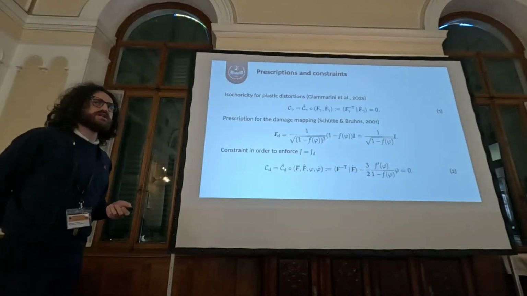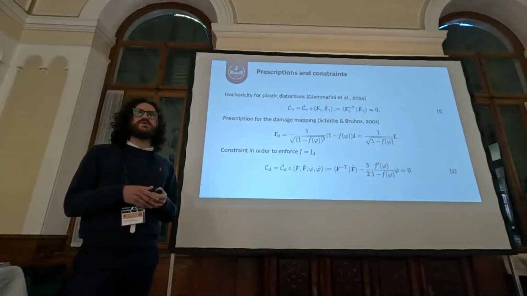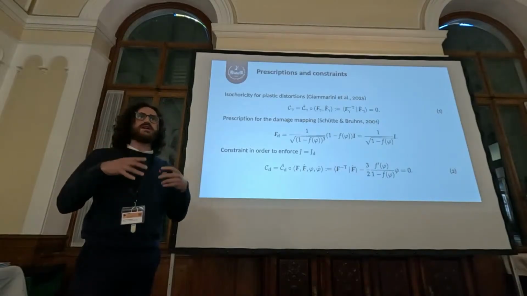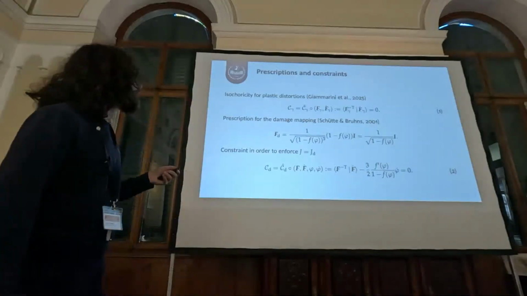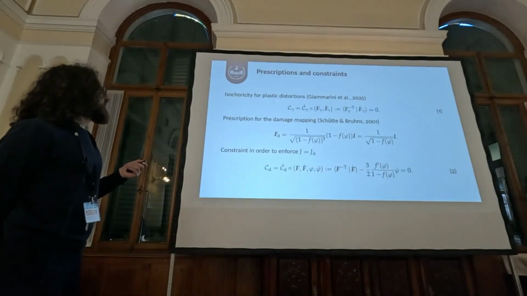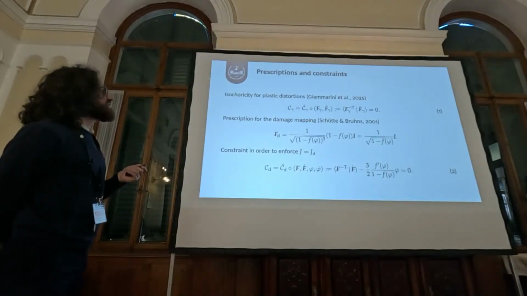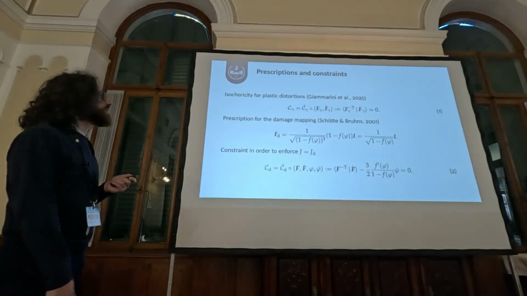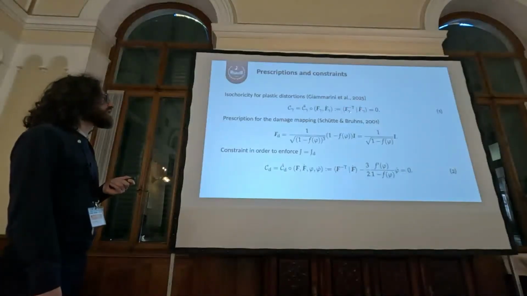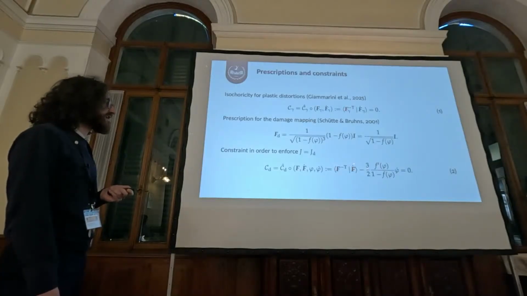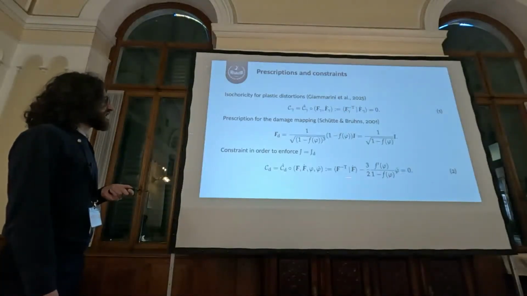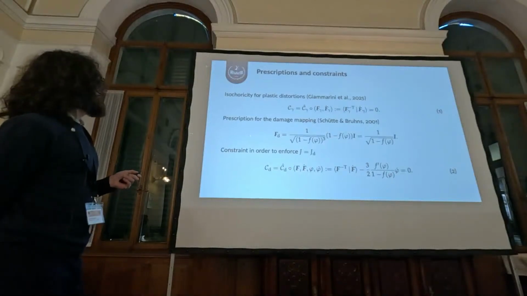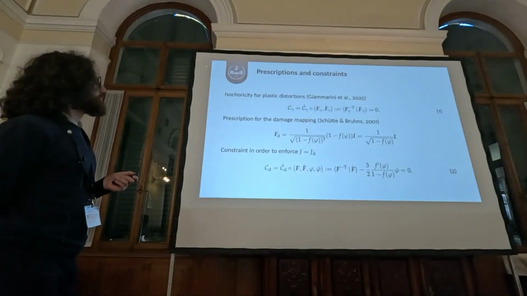In order to work with these constraints in the framework of the principle of virtual power, we express our constraints in their differential form. We simply applied Jacobi's formula to express the time derivative of F gamma and Fe in the first and the last equation of the slides. Then we also have the prescription for the damage mapping, which is from the work by Schutte and Bruns.